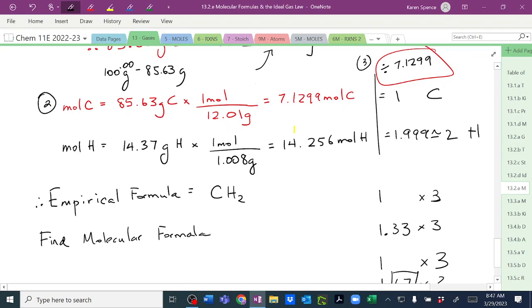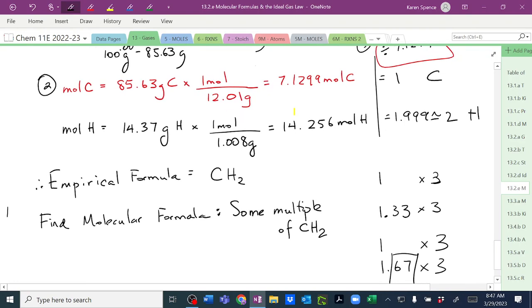And the molecular formula will be some, what do we call that thing when you multiply it and you get something else? Some multiple of CH2. Might be CH2, but it could be C2H4, it could be C3H6, and we have to find out which one.